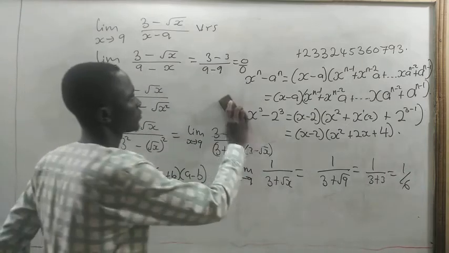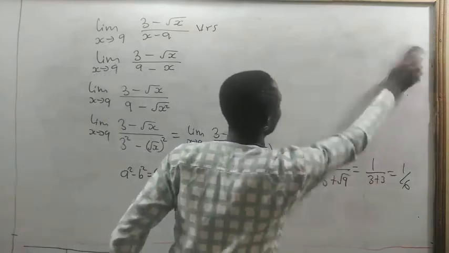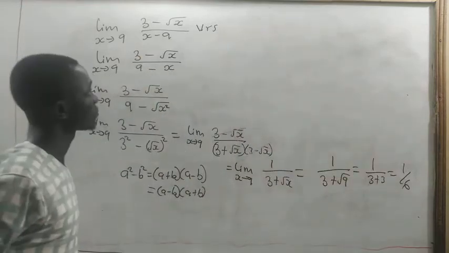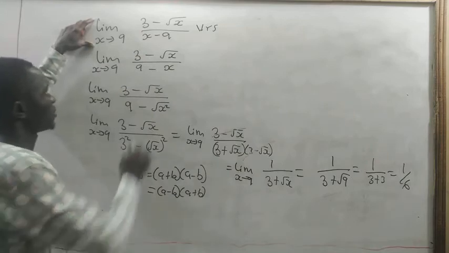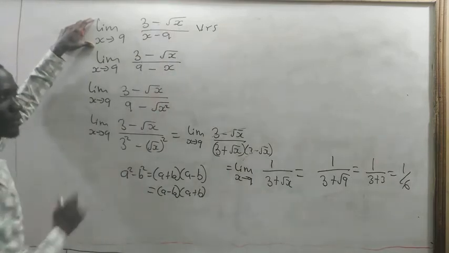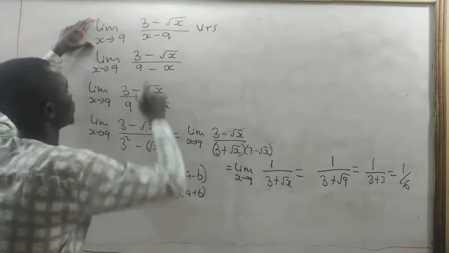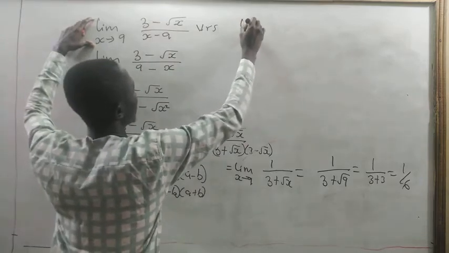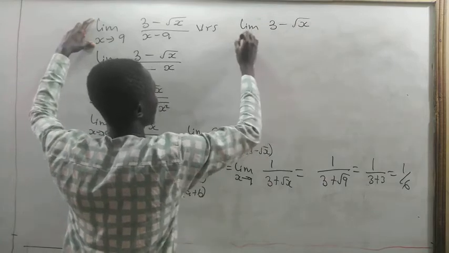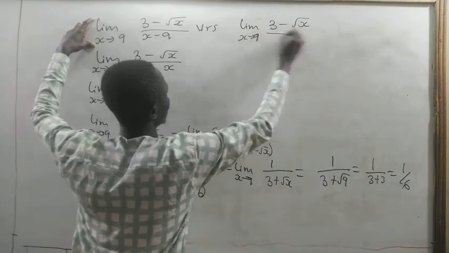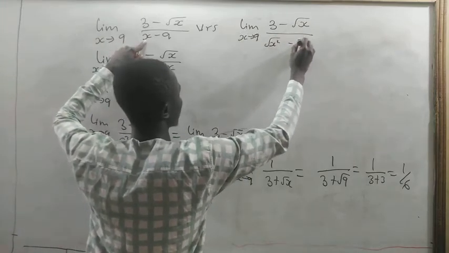Now, if you consider the first part, we are going to do the same process here. So let's start the first part from here. The first part will be the limit of 3 minus root x divided by the square root of x squared minus 3 squared.